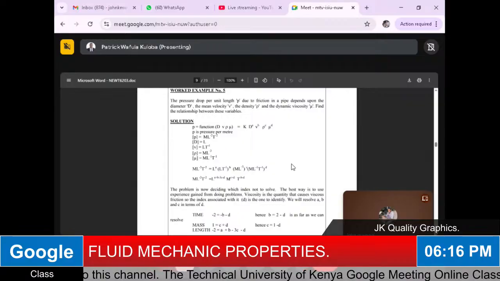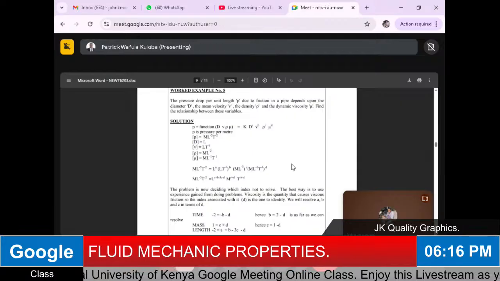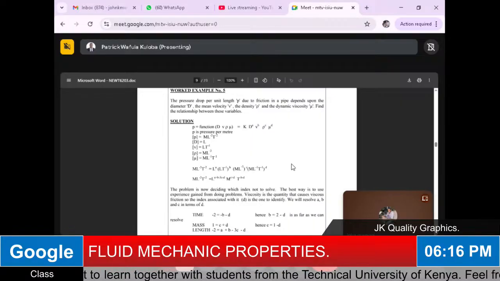Now, write down the MLT dimensions for each of those quantities. For pressure drop per unit length, as you saw, it is M L raised to minus 2, T raised to minus 2.